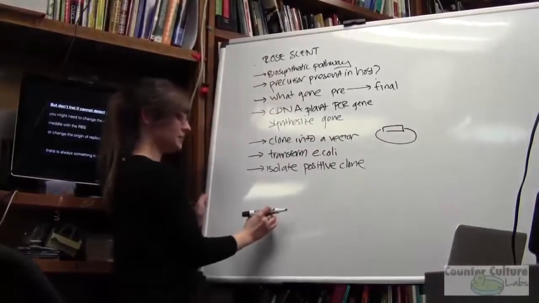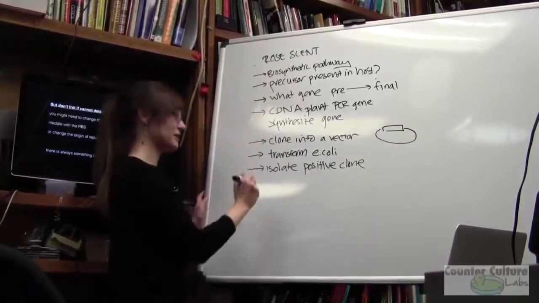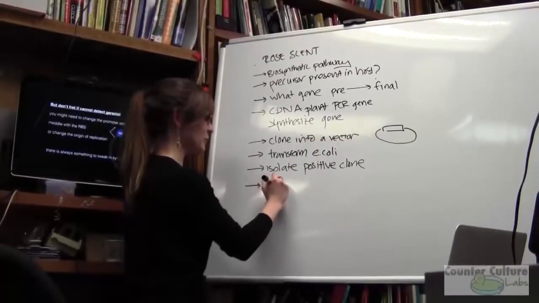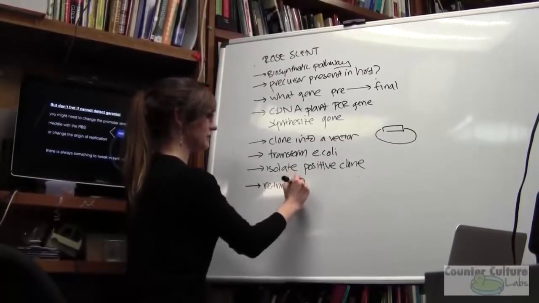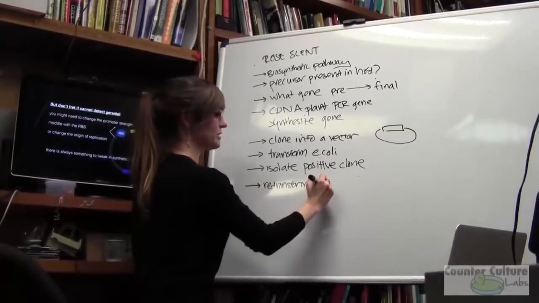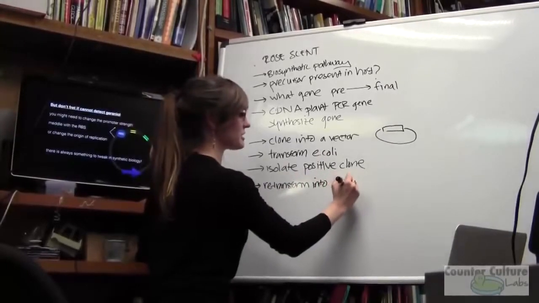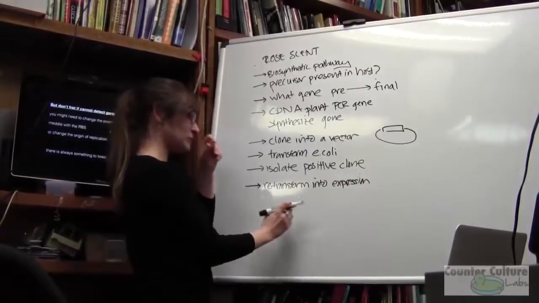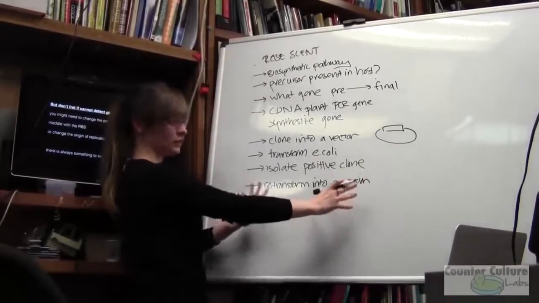So we isolate that and we sequence it, check. And then we take our clone and we retransform into expression cells. So that could be the same strain that you cloned in, but you want to transform into your final host, whatever that is.